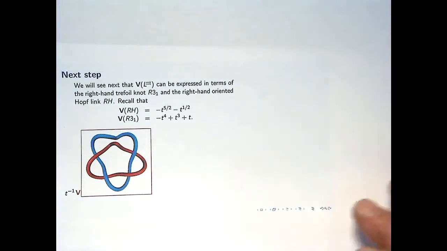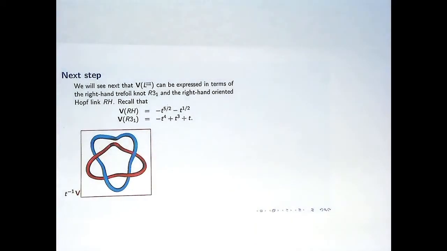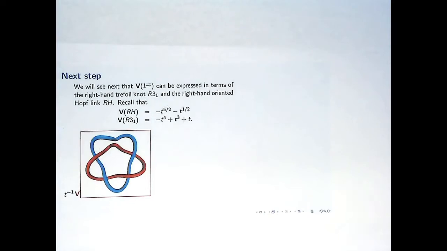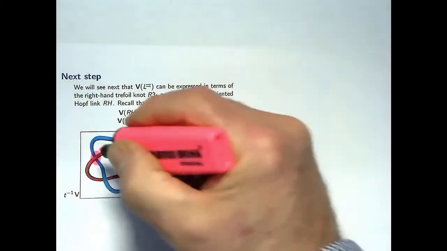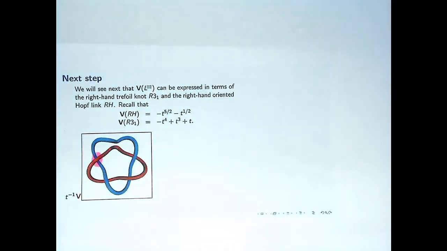We have to work out what crossing to work on. I'm not sure what crossing I worked on. Yes, I think I worked on this crossing this time. This crossing here, so I want to apply the setup to do that crossing. Now, is that a plus crossing or a minus crossing?